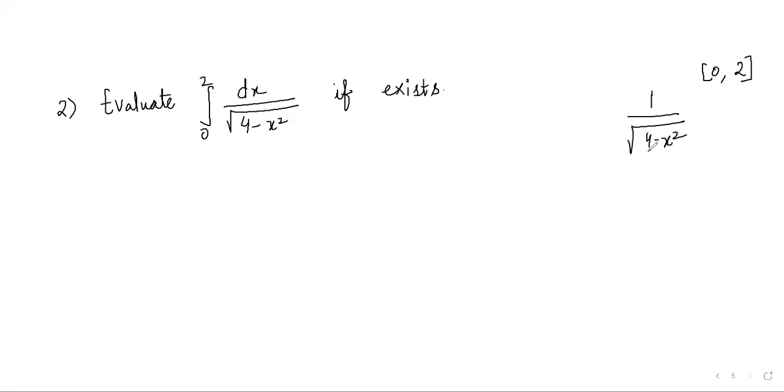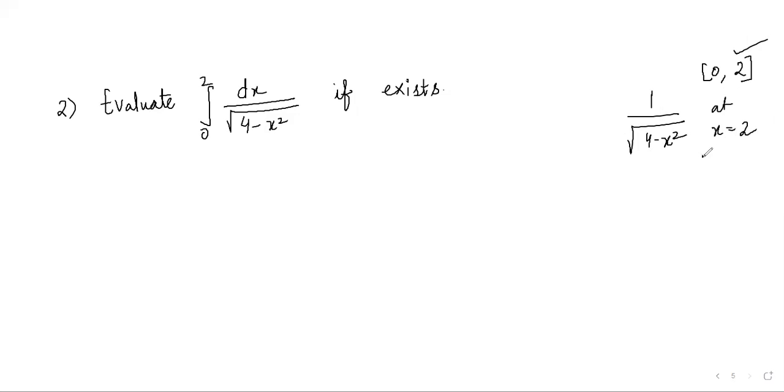Yes, if we consider x as 2, which is one of the endpoints, the denominator will become 0, and hence 1 upon under root 4 minus x square will become infinity. So this integrand is unbounded at x equal to 2.